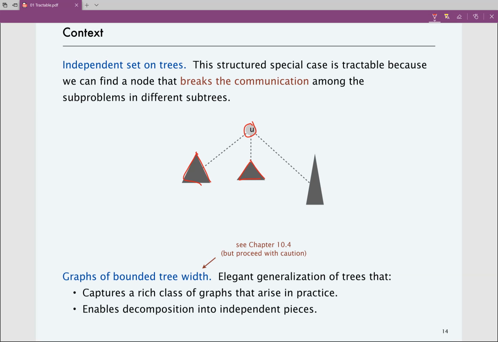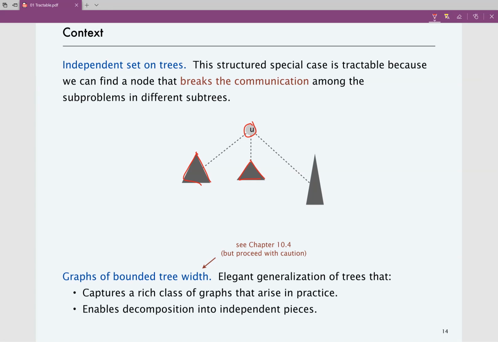Now if you look at the edges between the super nodes, these edges form something that looks like a tree. So these bounded tree width graphs are not trees on normal nodes, they're trees on these super nodes. But they still have this overall tree structure, and because of this tree structure, again different subtrees can be solved independently of each other.